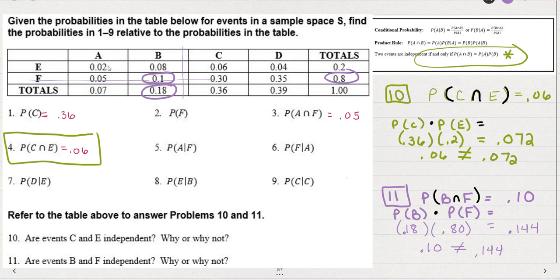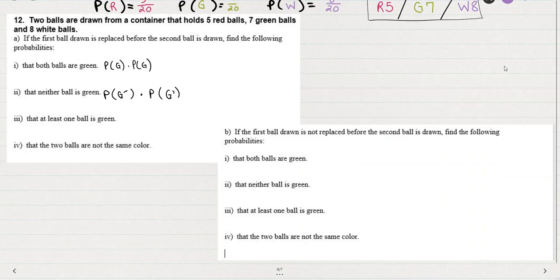What happens with event A does affect event B. Or, I'm sorry, event B does affect event F. So since the outcome of the first could affect the outcome of the second, the events are not independent, and by definition, the probability of B and F is not equivalent to the probability of B times the probability of F. So that's independence in this important definition with the formula for how we determine if they're independent or not.